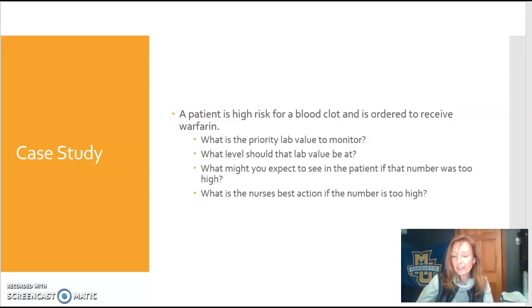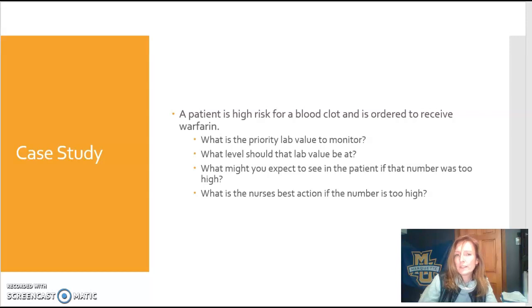And lastly, your second case study, you have a patient who is high risk for a blood clot and is ordered to receive warfarin. First question, what is the priority lab value to monitor? Excellent, INR. You can look at the PT, but that INR is standardized. And what level should that be at? Excellent, 2 to 3.5. What might you expect to see in the patient if that number was too high?